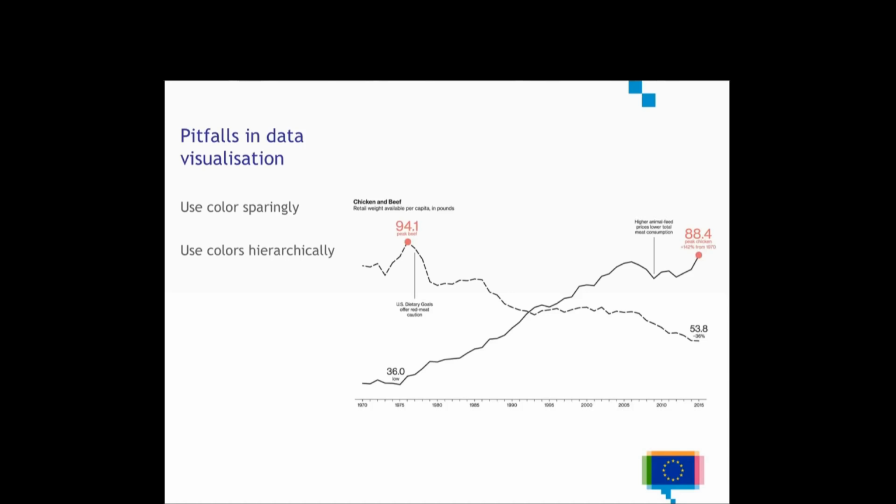In this example, a very minimalistic chart, you can see that everything is black and white except for 2 data points which are labeled in red, and for the reader it's very obvious where he or she needs to look. So use color, but use it sparingly and use it to focus the attention of the reader.